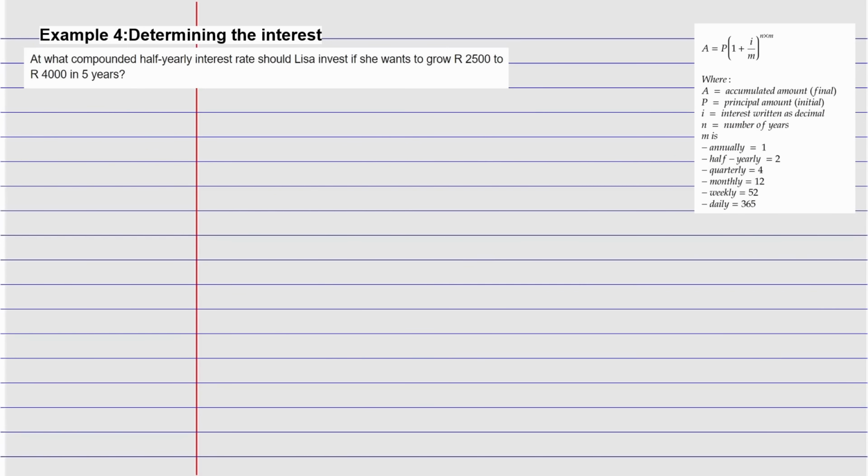So now let's do example 4. It says, at what compound half-yearly interest rate should Lisa invest if she wants to grow 2,500 to 4,000 in 5 years?